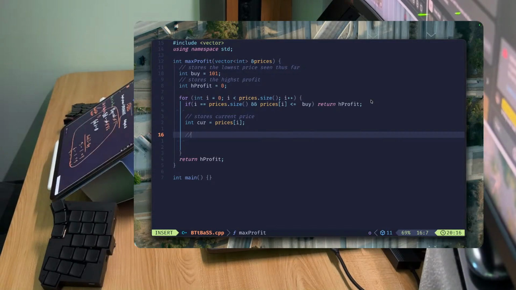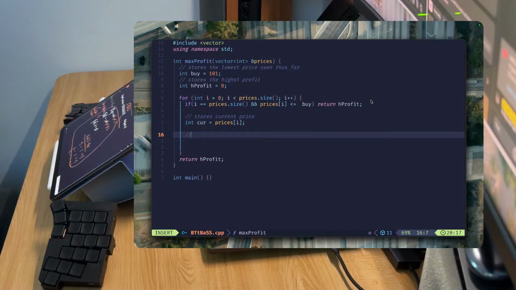Wait, I guess we could save, because we might see a lower buy value and then never see a really high value afterwards. But that doesn't mean that in the array we've never made a profit.